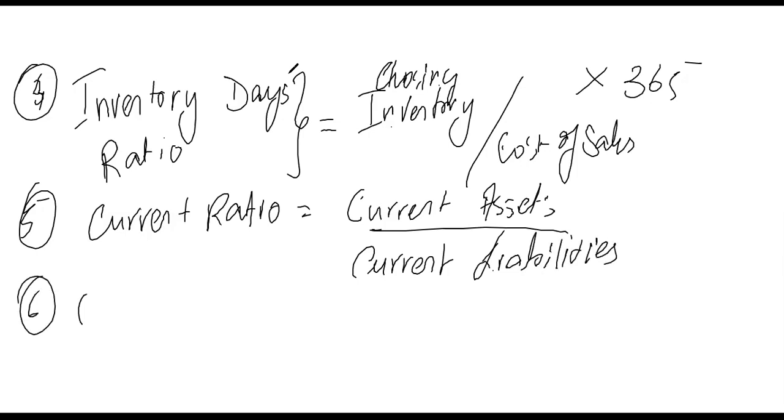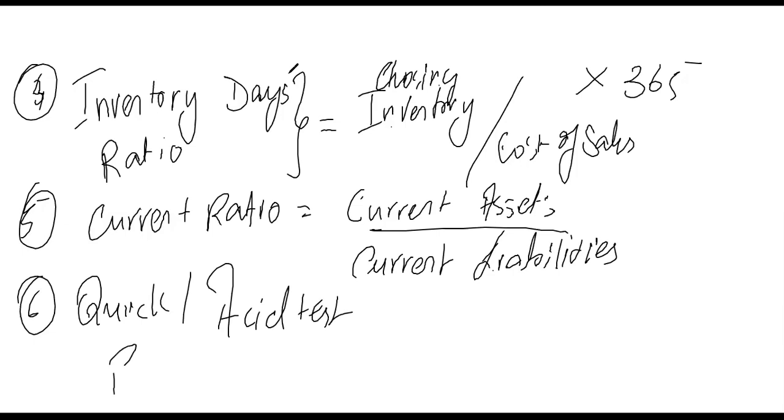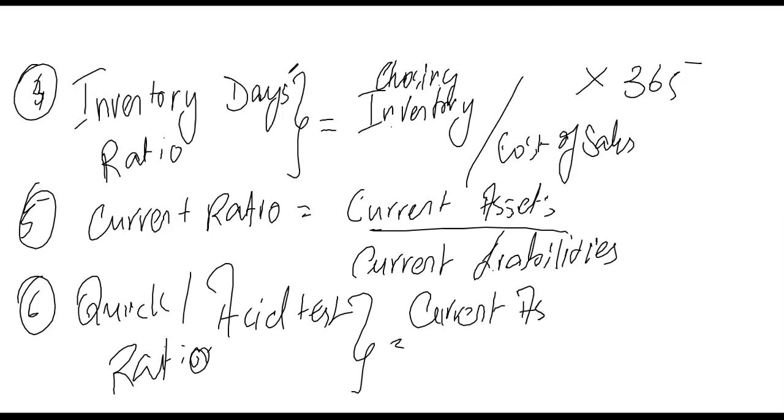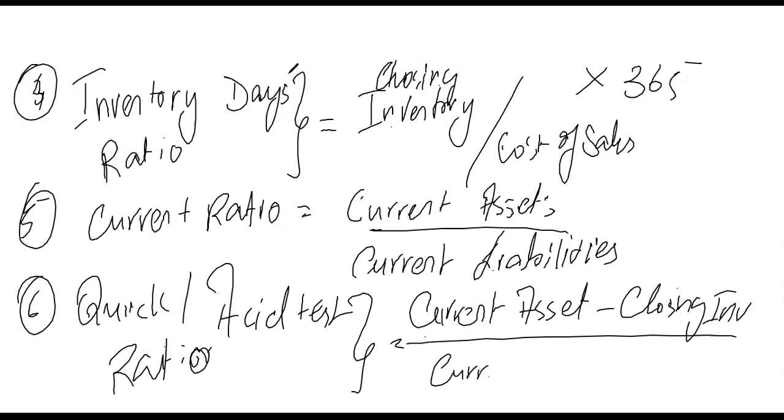The sixth one was the quick or acid test ratio. This formula was in the form of current assets minus closing inventory whole divided by current liabilities.